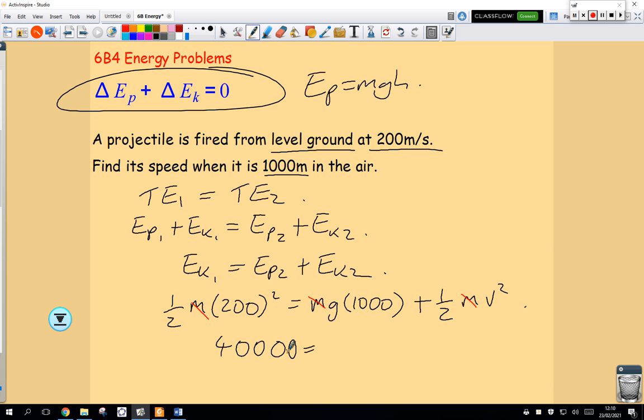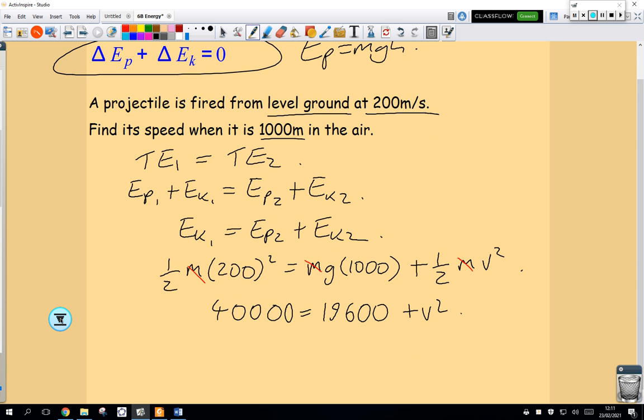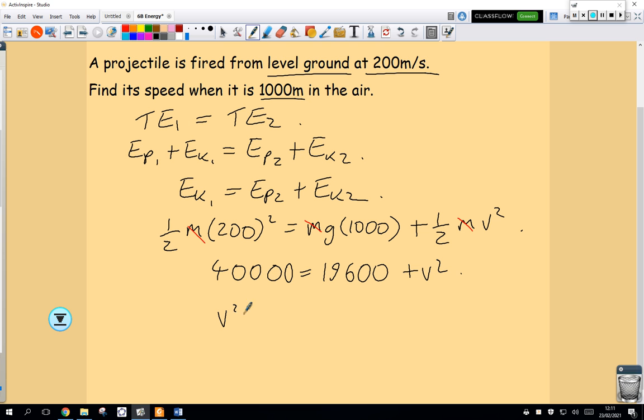So 40,000 equals 2g times 1,000, so 19.6 times 1,000, so 19,600, plus v squared. And then it's just a question of solving this equation. So v squared, we're going to subtract 19,600 from both sides. That's going to give me v squared equals 20,400.